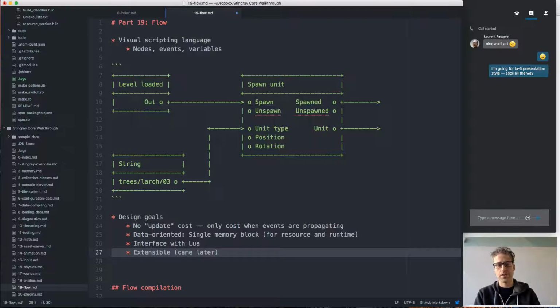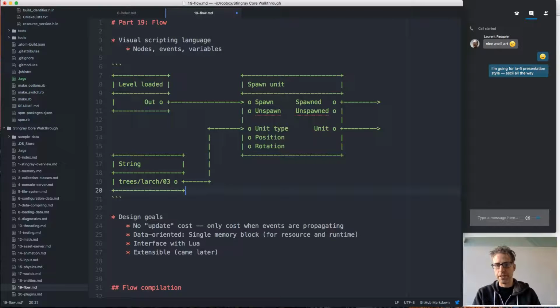So the only way you could extend the system was either through Lua or by modifying the source code. There was no other way of extending it from the C side. But now that we have the plugin system, we've also made it possible to extend the flow system through plugins, so you can create new flow nodes in C.